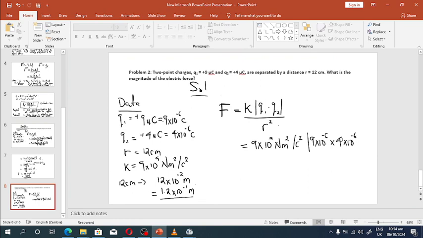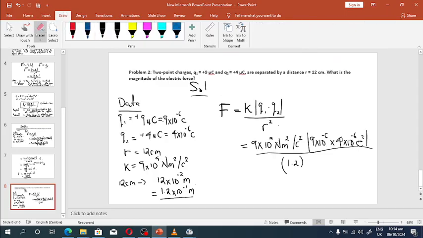The units there are going to be coulomb squared, over the separating distance, 1.2 times 10 to the power negative 1, squared, meters.